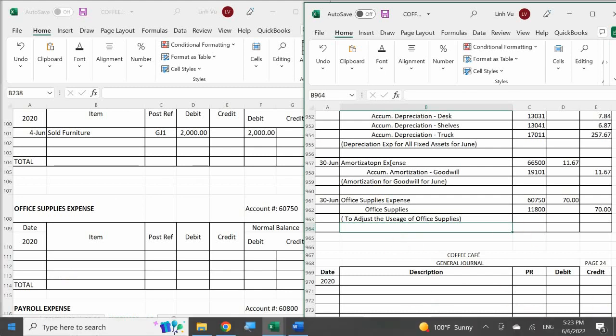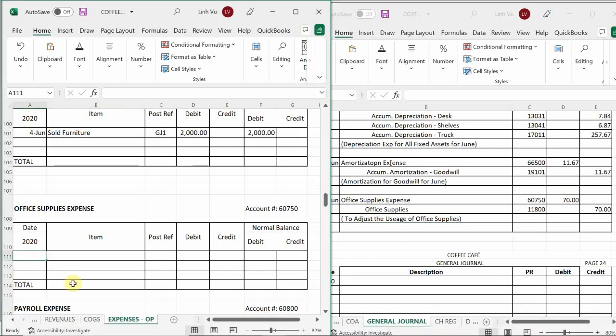Now, again, I need to record this adjustment. We already did the credit already. So in this case, I need to put here adjustment. We're still on the 23rd, at the very bottom of page 23, and we used $70 worth of office supplies. And we already added in the credit for this.